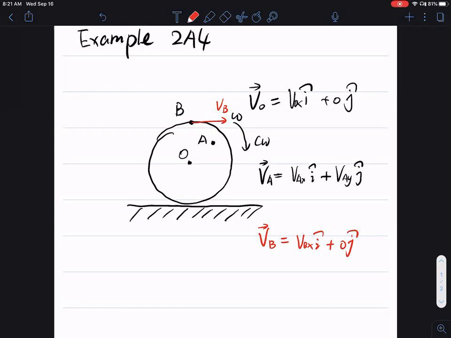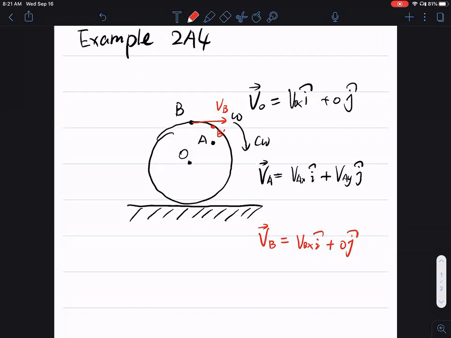So what is happening at the next second? When B is rolled to that position, a little bit off the top, it's called B prime. After 1 second, if point B is right there, it's called B prime.